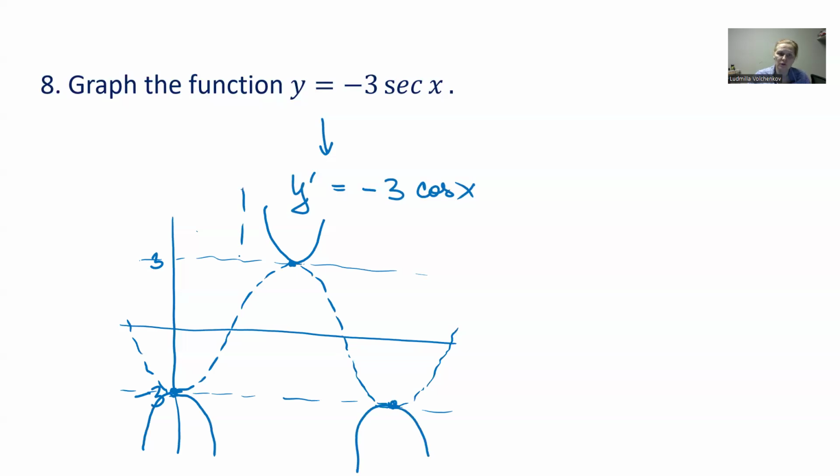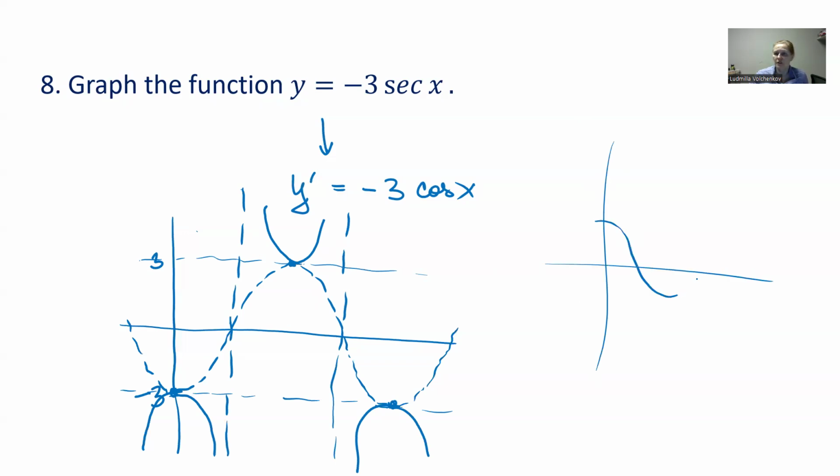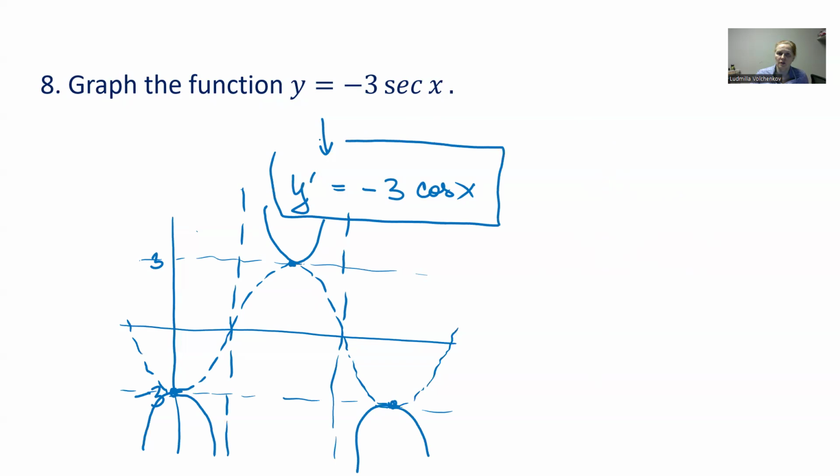We'll have asymptotes at every zero of the cosine graph. Okay, so if you see several graphs, just add sine or cosine and look which of them is your sine or cosine.